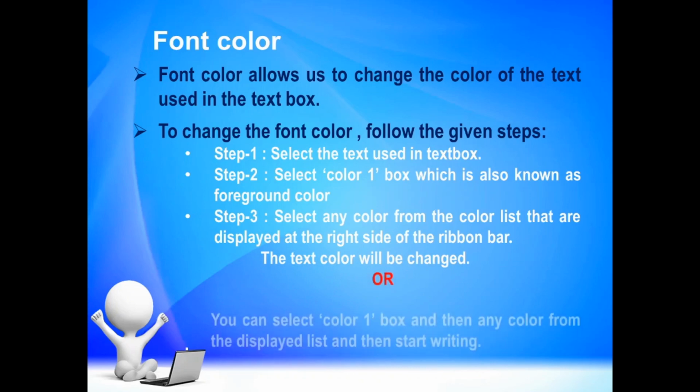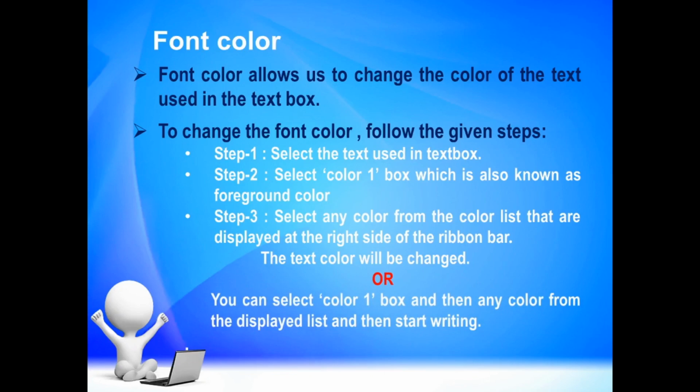Or you can select the color 1 box and then any color from the displayed color palette and then start writing in the text box. Let's do all these things practically.